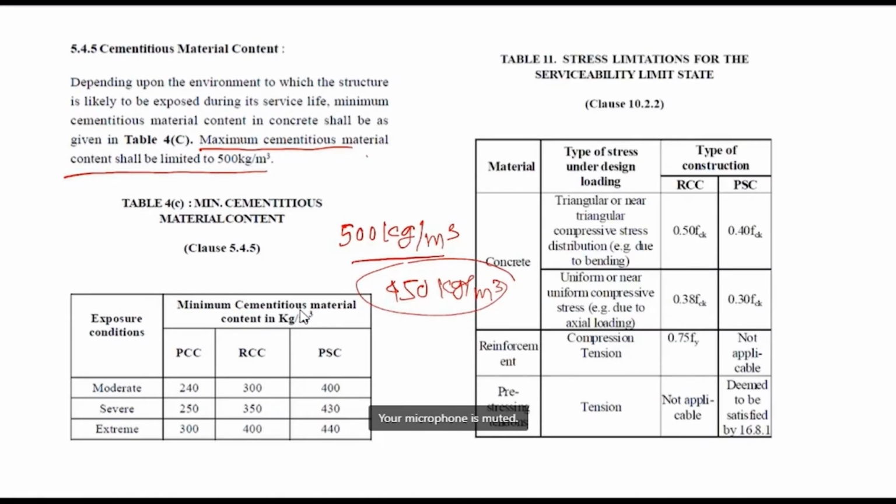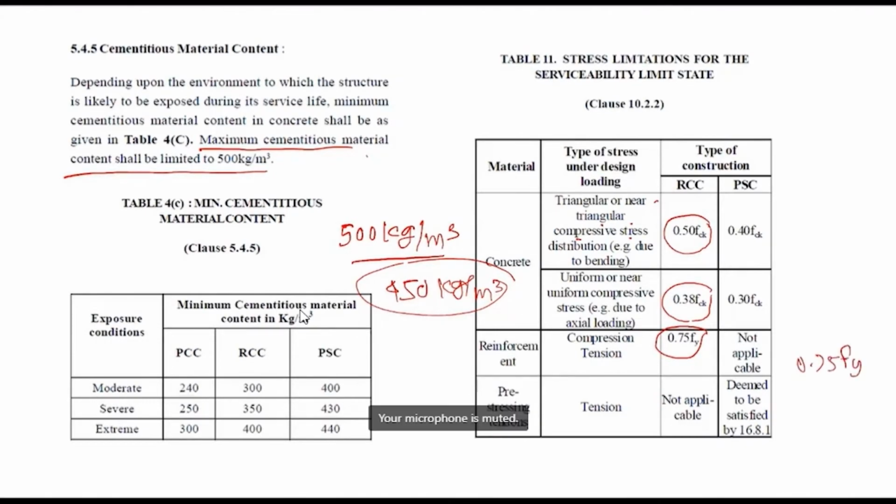Due to serviceability, we have also restricted the stresses in service condition. For triangular or near triangular compressive stress, in case of bending, the maximum stress in concrete should not go more than 0.5 fck. In case of direct compression, the maximum stress should not go more than 0.3 fck, and in steel in service condition, the maximum stress is 0.75 fy.